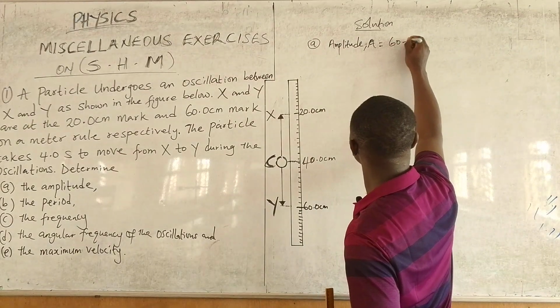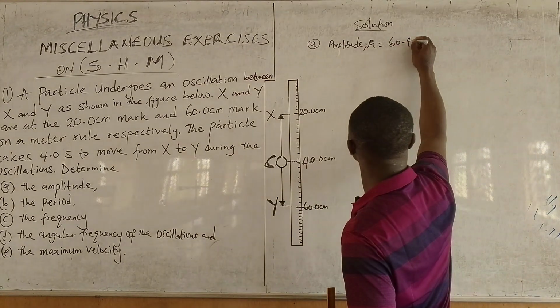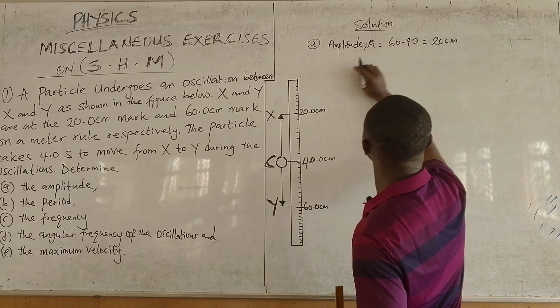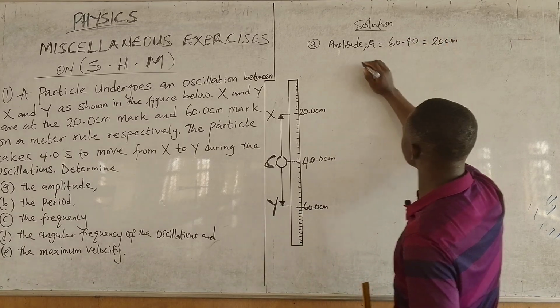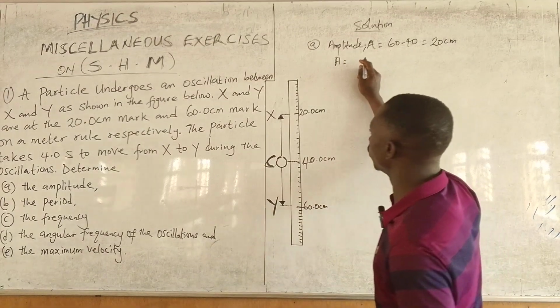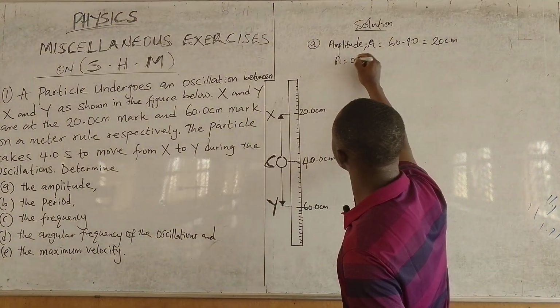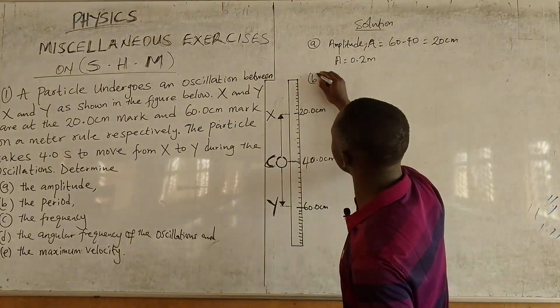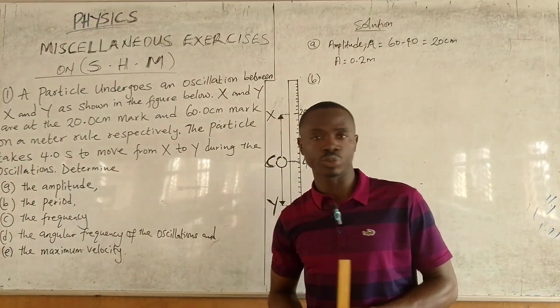You can say 60 minus 40, which is 20 centimeter, but you have to convert to meter. So A is therefore 20 over 100, that's 0.2 meter. Very simple, right? Good.